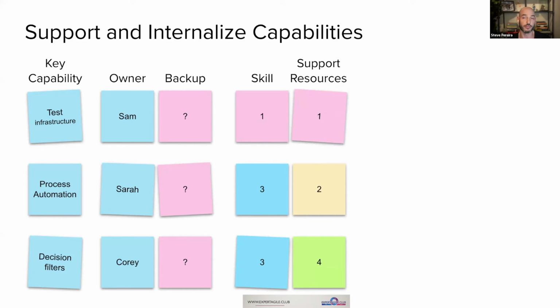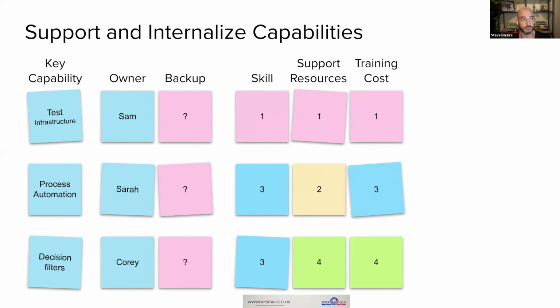That can be documentation, APIs, services, products that we consume, any number of things, anything that makes it easier for us to execute on that capability. So we can drive a degree of visibility and understanding into those support resources.